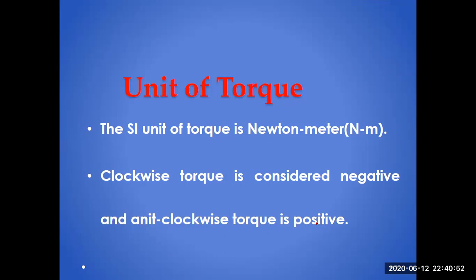That's why clockwise torques are taken negative and anti-clockwise torques are taken positive. The reason is very simple: your thumb shows the direction of the torque. When your thumb is along the positive z-axis, you are moving the object anti-clockwise, and when your thumb shows the negative z-axis, you are rotating the body from y to x.